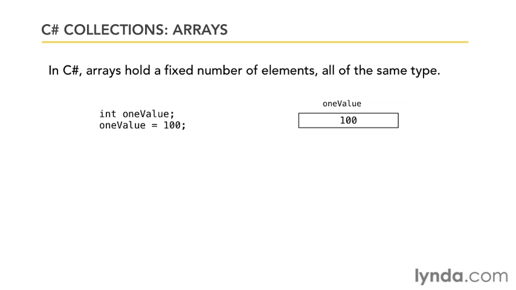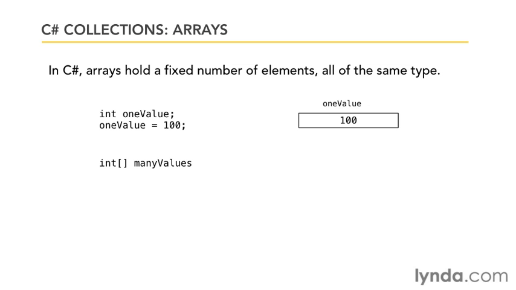When you declare an array, you specify the type that you want the array to hold. So here it's an integer, just like always. But then you put these two square brackets next to the type definition, the opening square bracket and the closing square bracket with nothing in it. And then you give it the variable name just as you always would. This just tells the compiler, hey, we're not declaring one integer, we're declaring a whole bunch of integers.